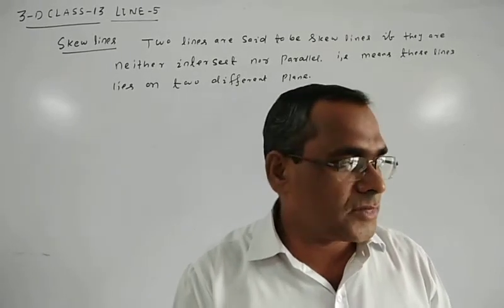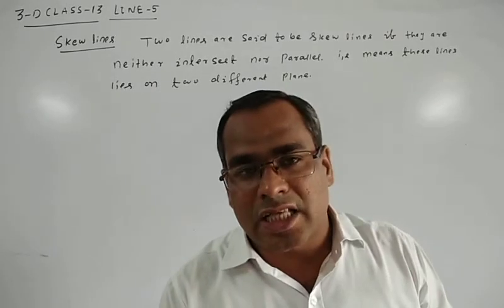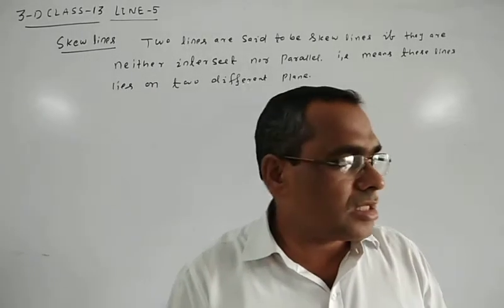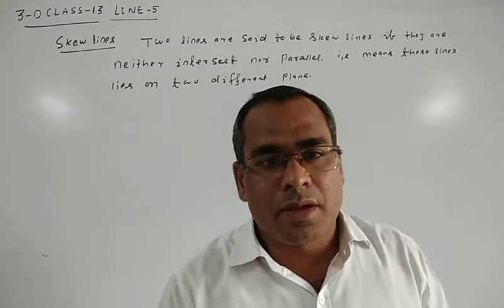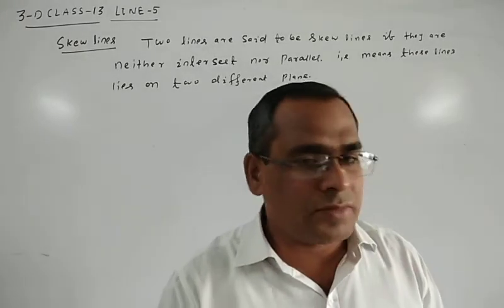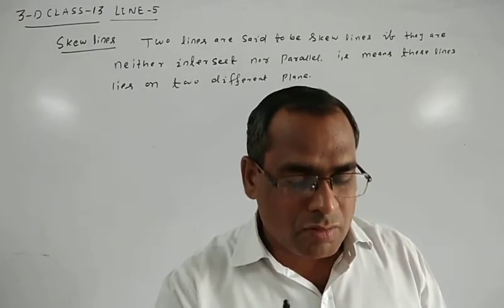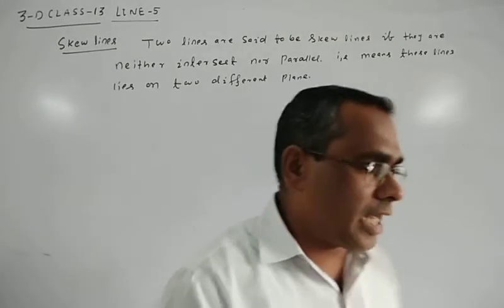That means the shortest distance between two skew lines is called the perpendicular distance of these two lines.